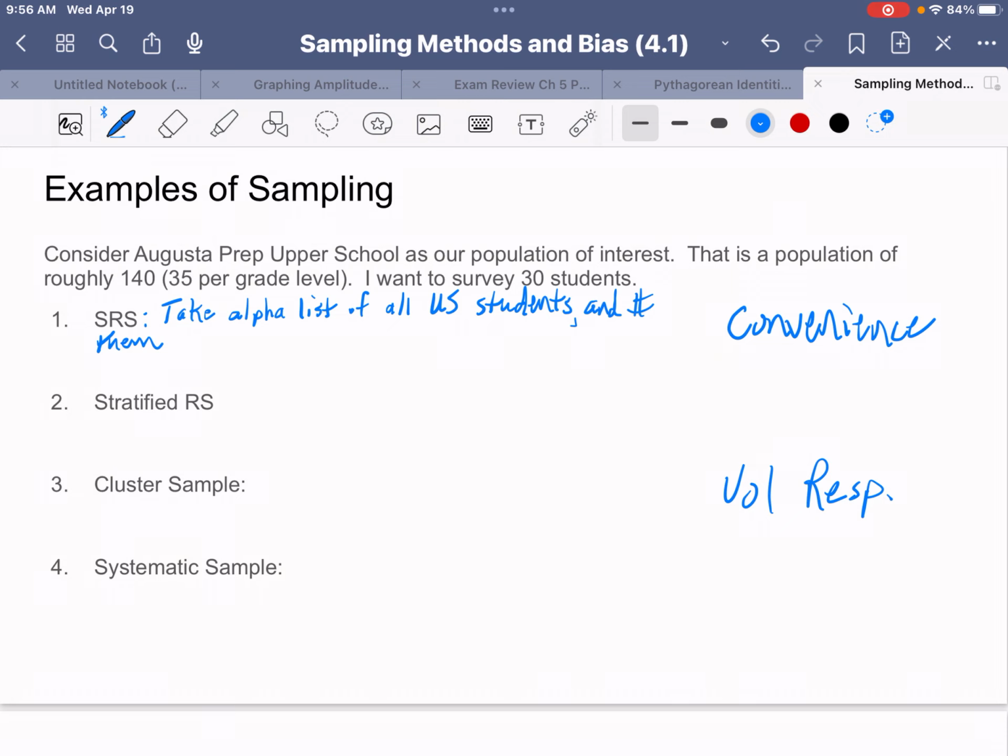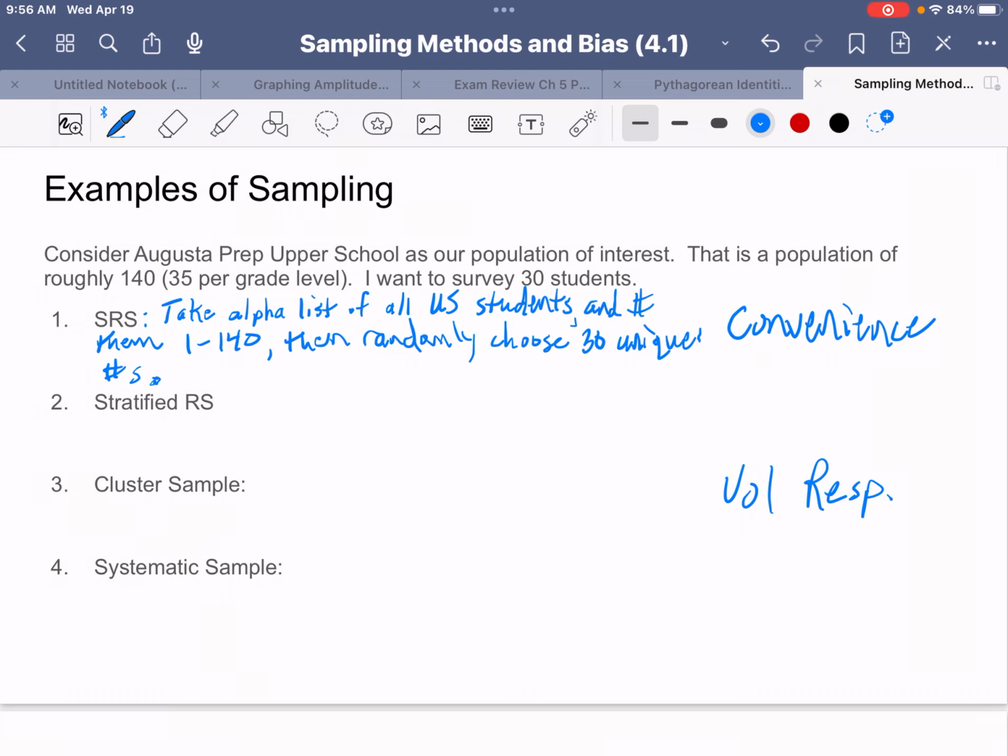If you were using technology, you would say number them 1 to 140. We'll get into the other way of doing it in just a few minutes. Let's see, then randomly choose 30 unique numbers.